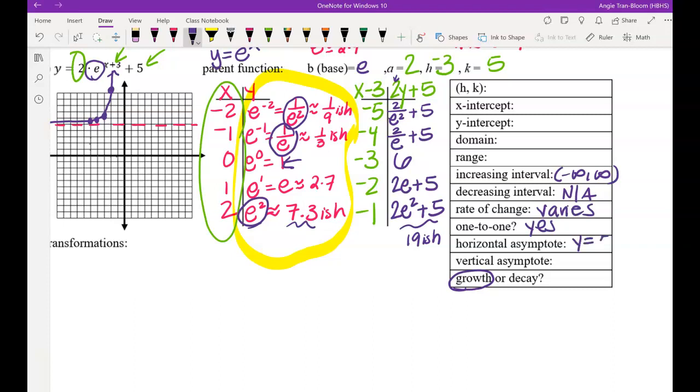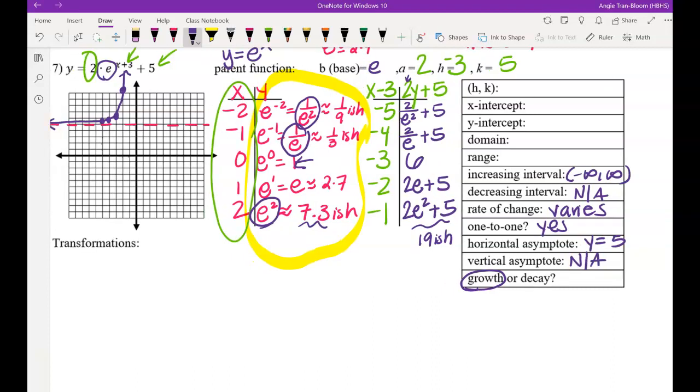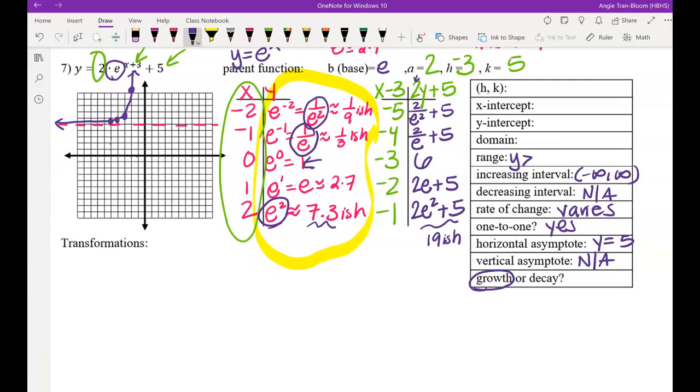Horizontal asymptote is y equals 5. Never a vertical asymptote in exponential. Your range is y is bigger than 5, or 5 to infinity. Your domain is all real. We do have a y-intercept, which we need to calculate. We will not have any x-intercept. And your h and k is going to be -3, 5.